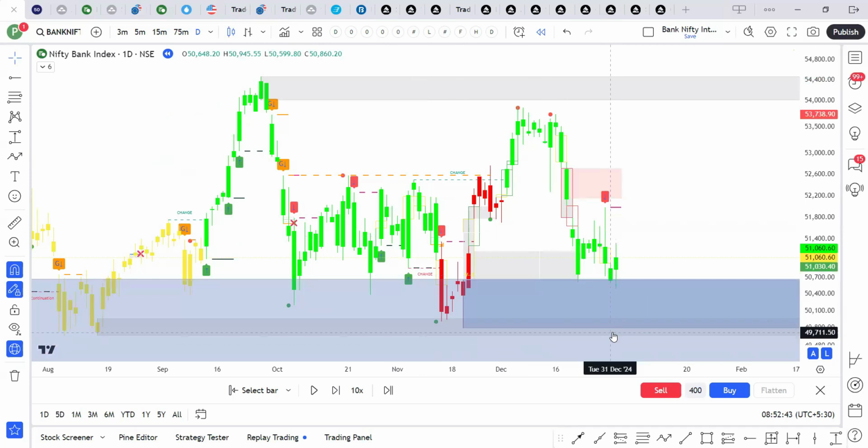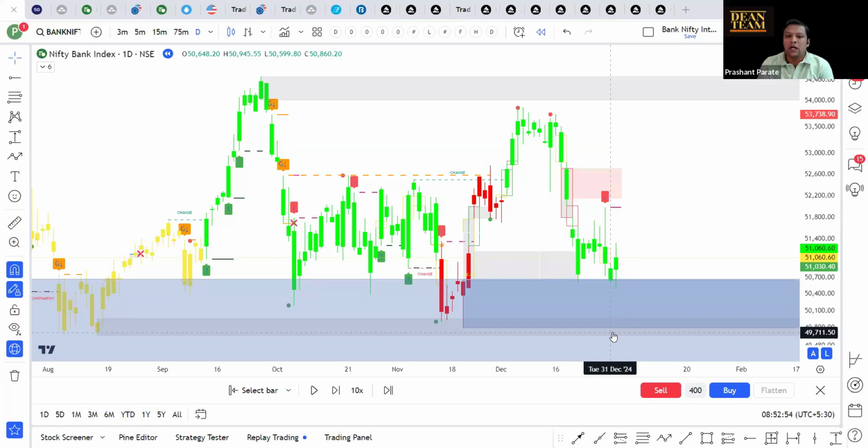So the daily chart itself should break its own buying area, then only the 15-minute chart will break its buying area. If the daily chart is showing strong force downwards, then the 15-minute chart is likely to continue downwards and likely to break the daily chart. But the 15-minute chart itself is not responsible for the break of the daily chart.